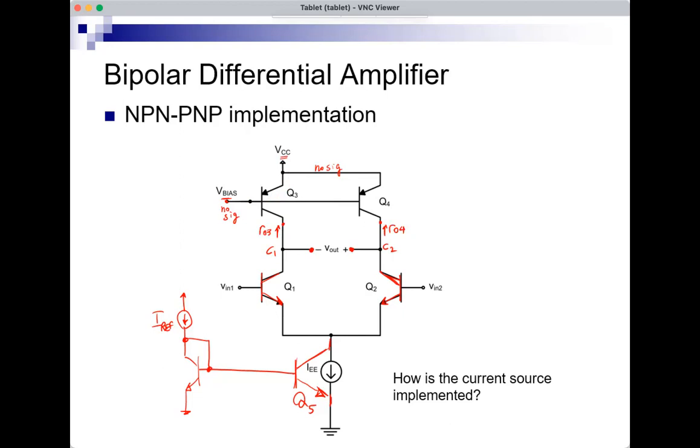Q3 and Q4 are supposed to be identical and they're biased at the same current, so RO3 and RO4 would be equal. So instead of using two resistors, RC and RC, RC in this case is RO4 equal to RO3. That's RC. So if you imagine that instead of having Q3 and Q4, you have RC and RC, the circuit would be exactly the same as the circuit that we saw on the previous slides.